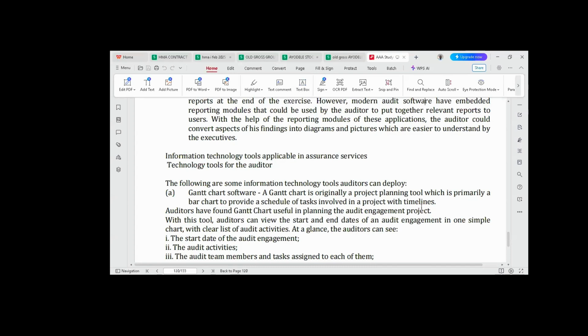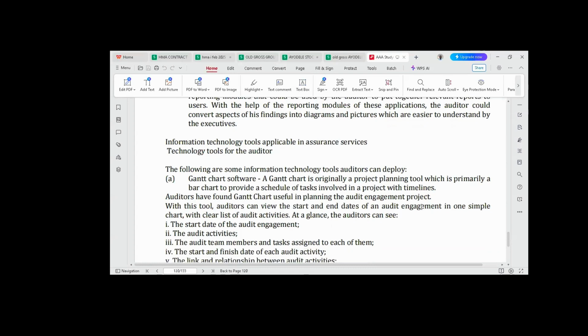Milestone means level of completion. So you are going to have the start date. You are going to define the audit activities. You are going to define the audit team members. All these are information you are going to feed into the software.